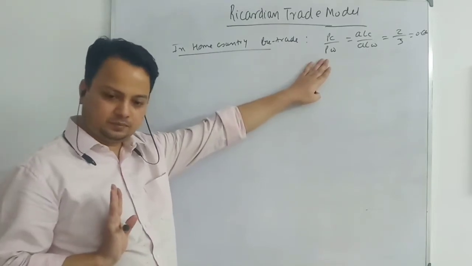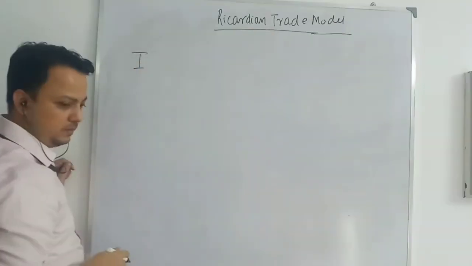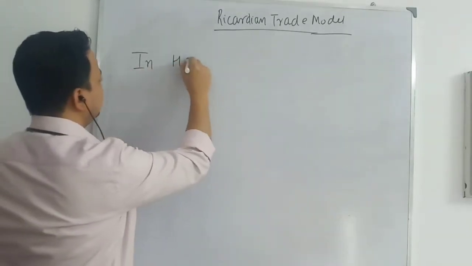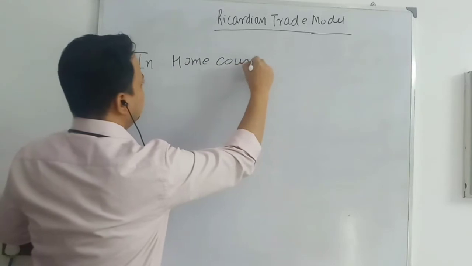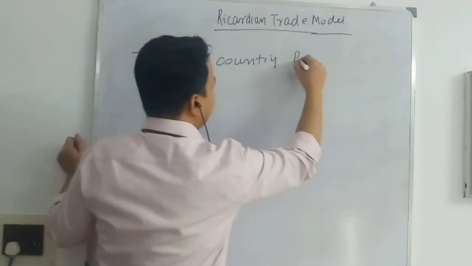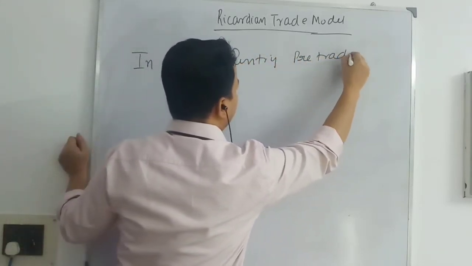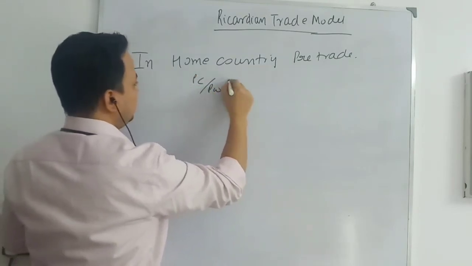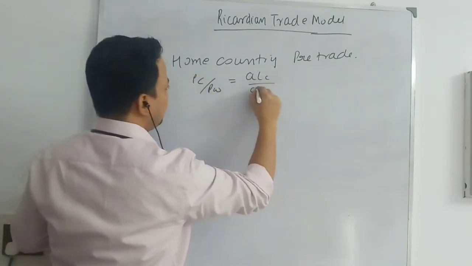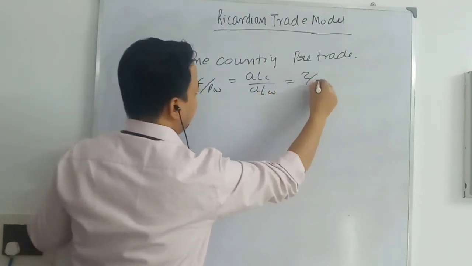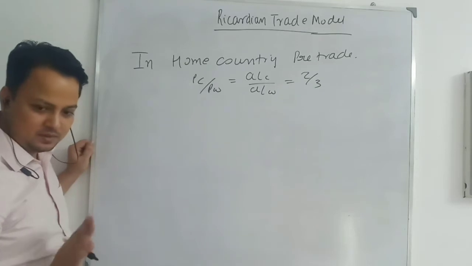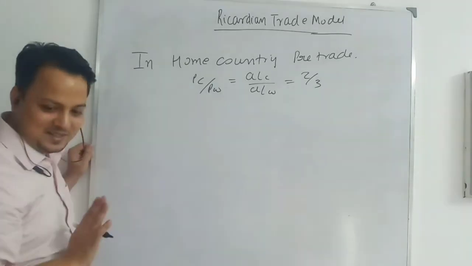This part? So what have we done? We have seen that in the home country, pre-trade, the relative price of cheese must be equal to the opportunity cost of producing cheese, and it is 2/3, right? I am saying this is clear.